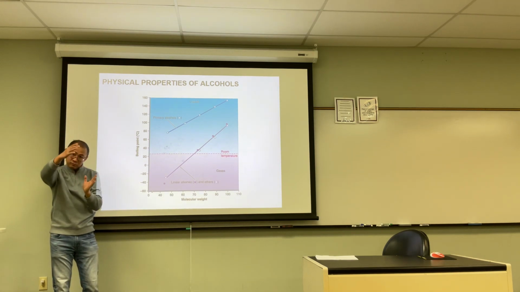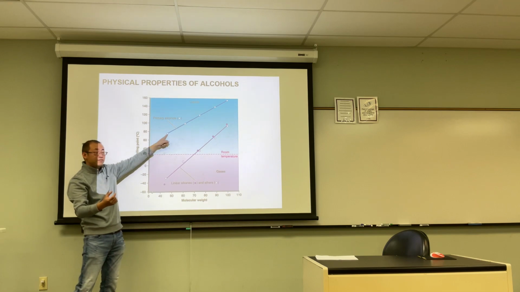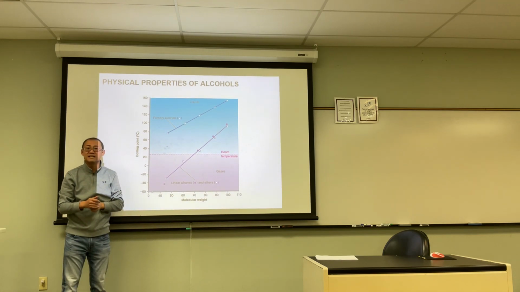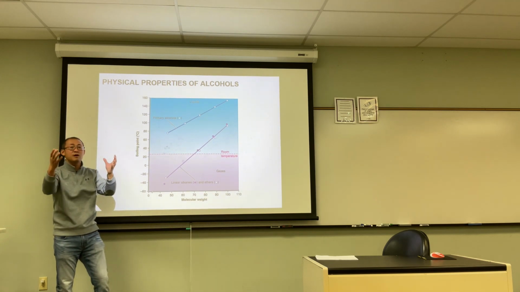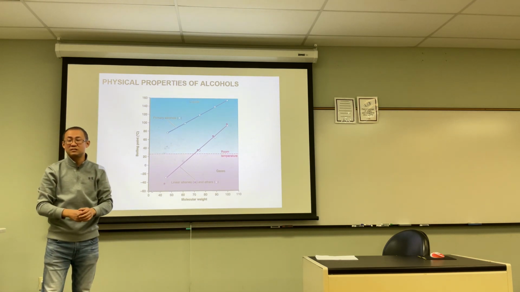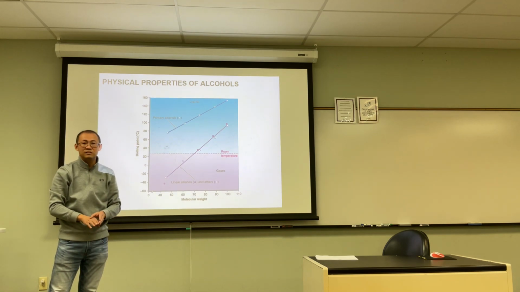Then we find out alcohol is much higher, because this one has an OH and this one doesn't. Does it make sense, guys? When I give you molecules to compare, I won't ask you about different sizes. They will be similar in size. Does it make sense, guys?